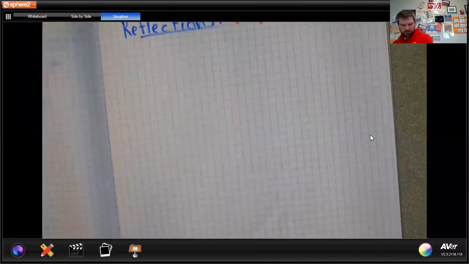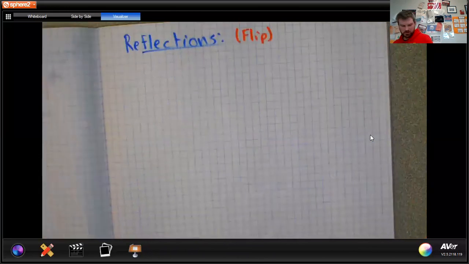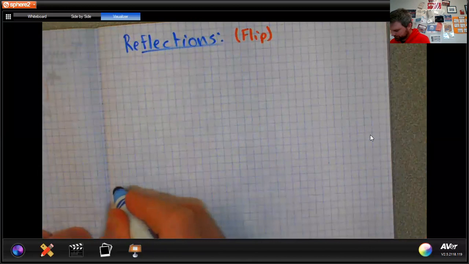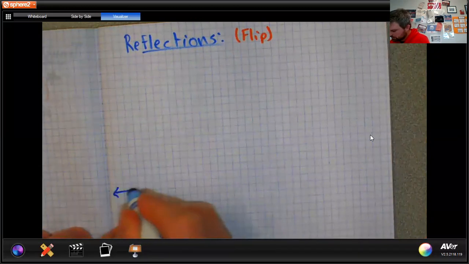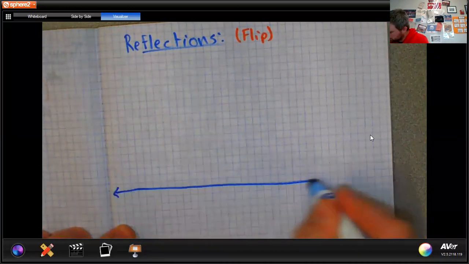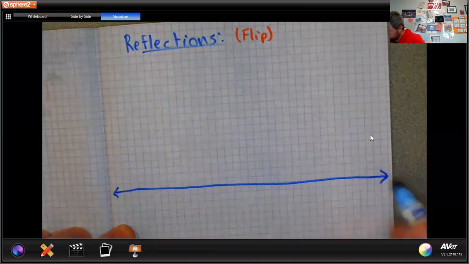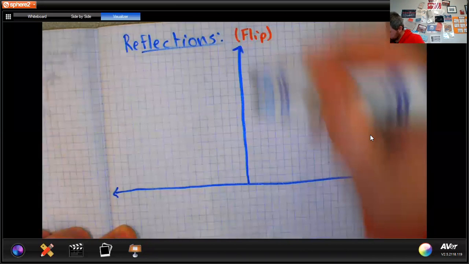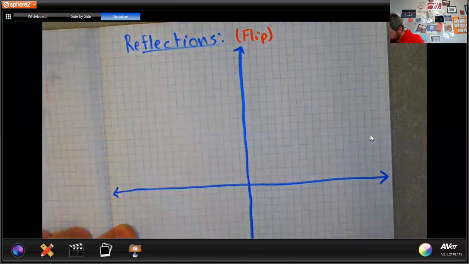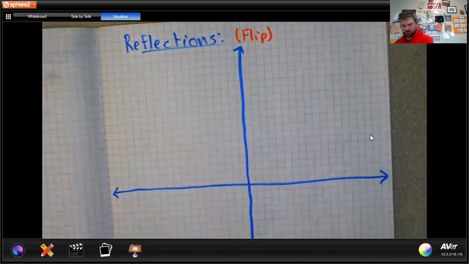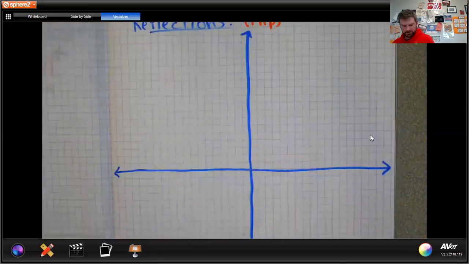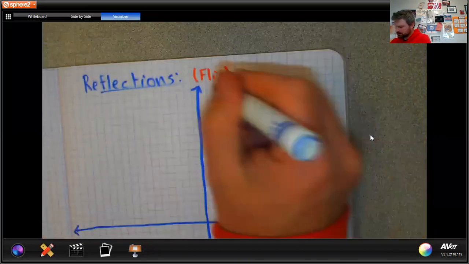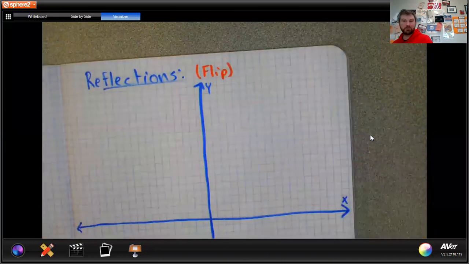The first thing we're going to do is draw a giant graph on this page today. That should be big enough. Okay, and let's label this. This is the x-axis, and this is the y-axis. I forgot to label that the other day.